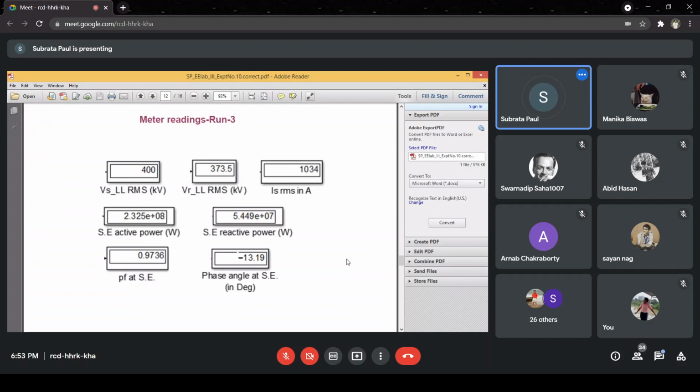So previously the var absorbed by the series element was less than the var generated by the shunt element. In this case, the var absorbed by the series element is more than that generated by its shunt element.